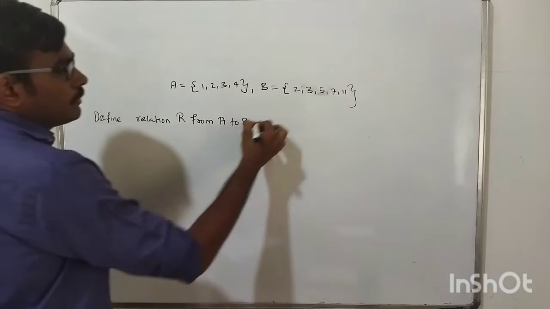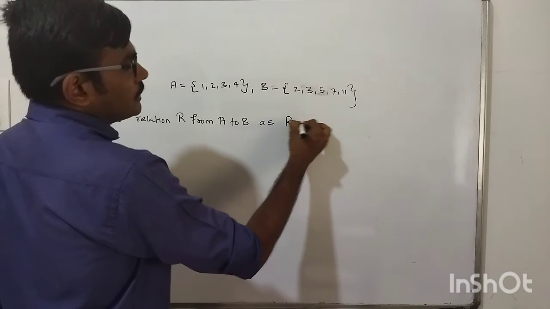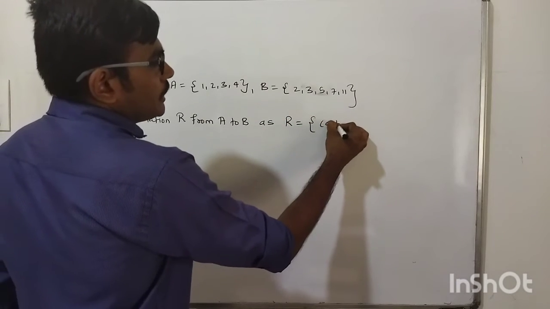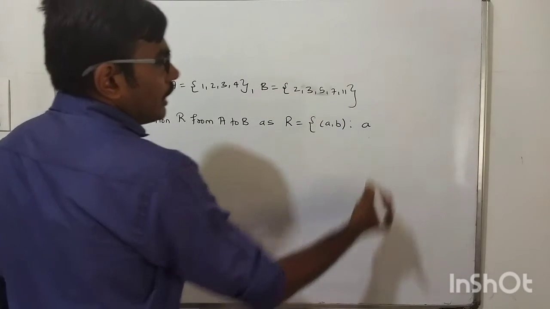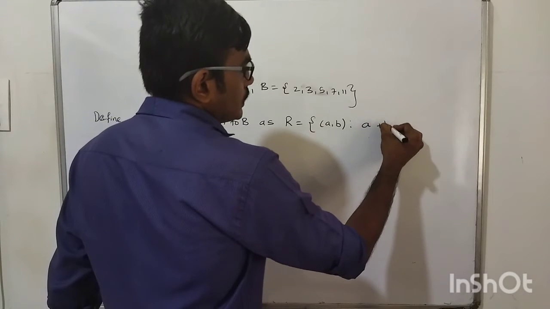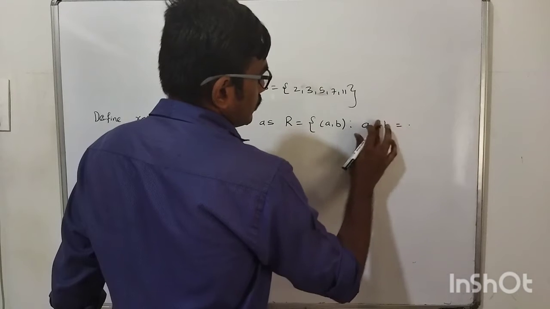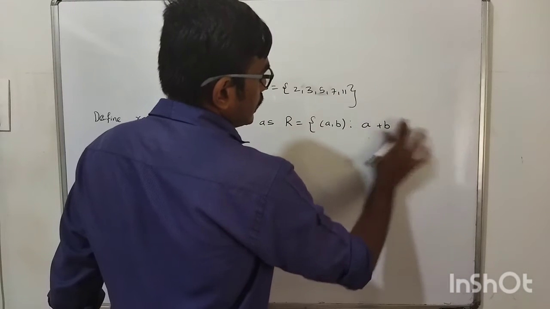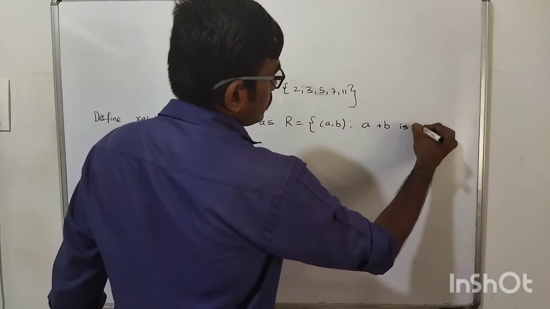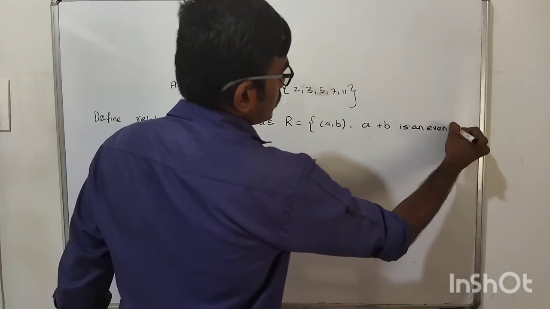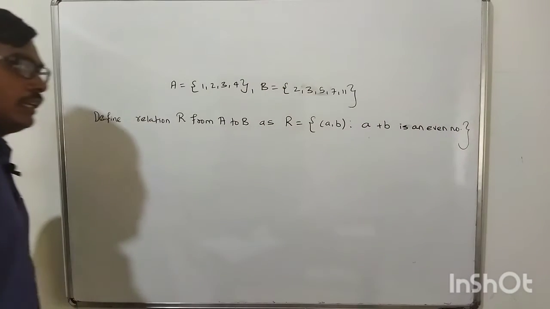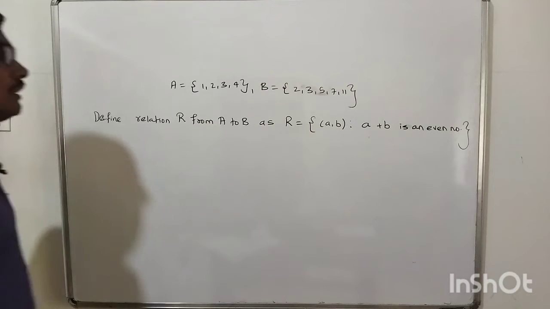Define the relation R from A to B as R is equal to {(a, b) such that a plus b is an even number}.